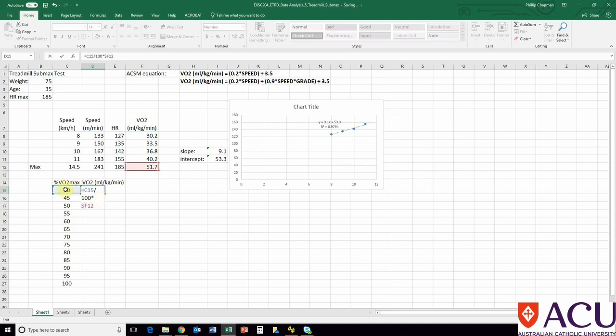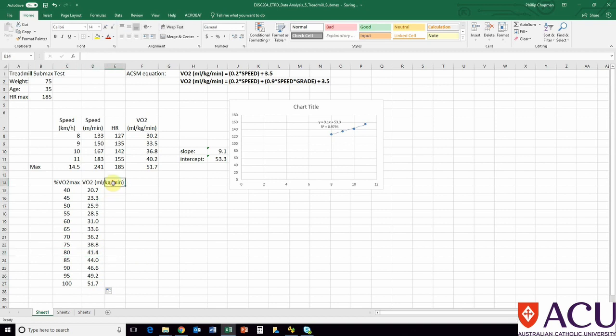And I'll put some dollar signs there because we're going to fill that column down. There we go. So at 40% VO2 max, his VO2 is 20 mils per kilogram per minute. And if I fill that down, that's his VO2 max down there, 51.7, and everything in between, every 5%. So at 80%, he's consuming 41.4 mils of oxygen per minute.